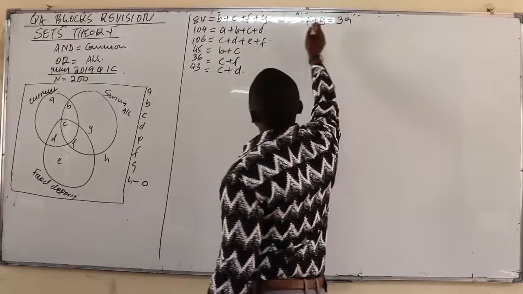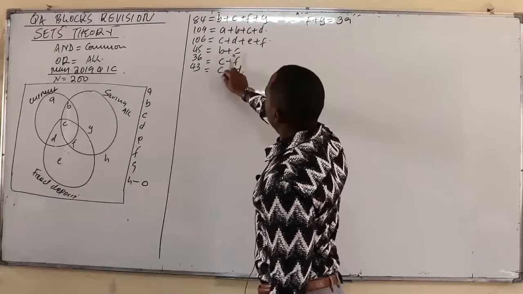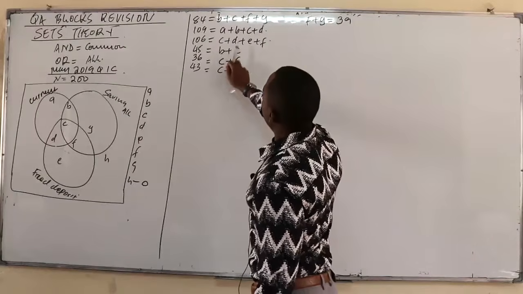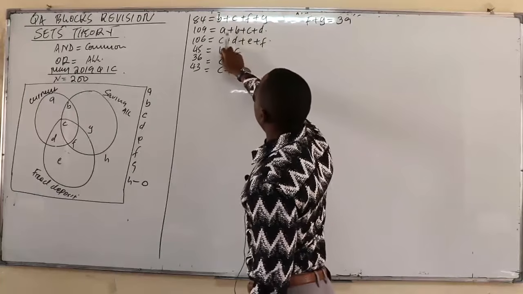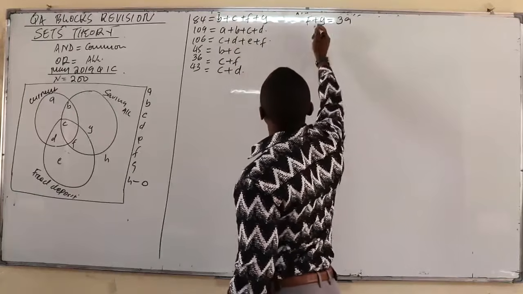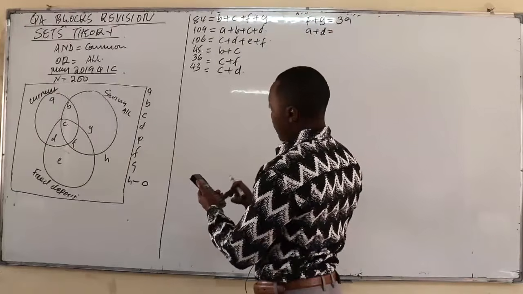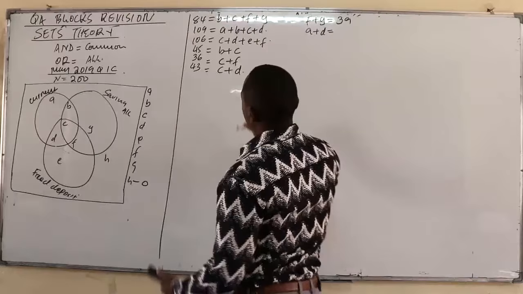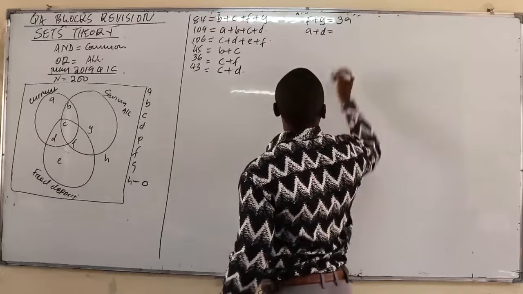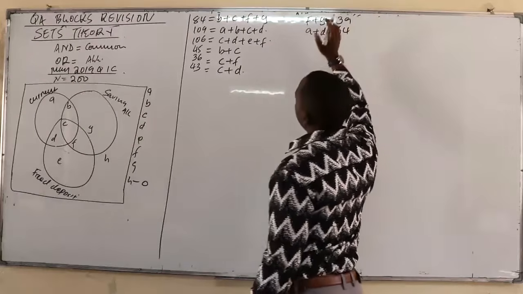That's 39. Also, you have BC in the second equation, which means you can get A and D. A plus D is equal to 109 minus 45, and you get 64.